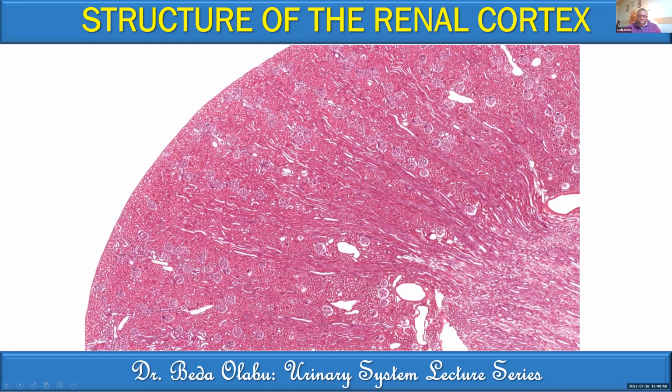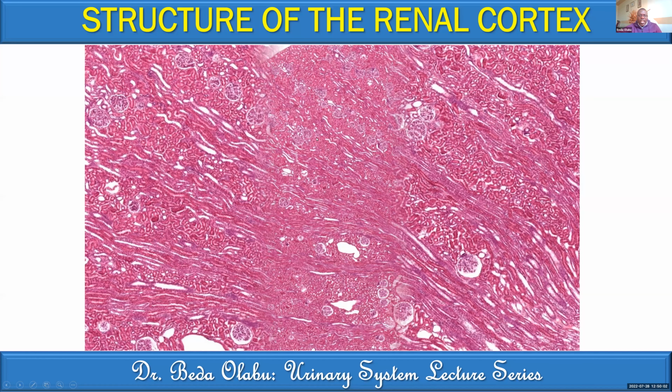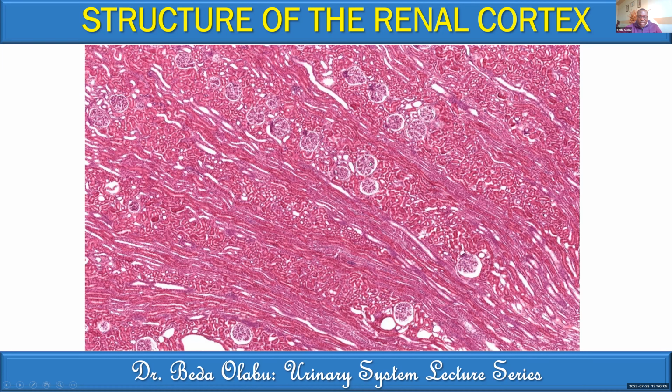It contains a number of things. One, the renal corpuscles, as you can see them, numerous. A higher magnification of the renal cortex shows you the corpuscles as well. Apart from the renal corpuscles, the other thing contained within the renal cortex is this region here, which we call the cortical labyrinth.